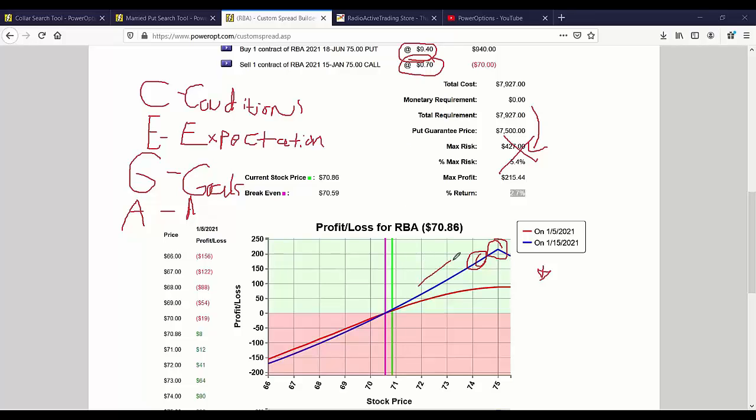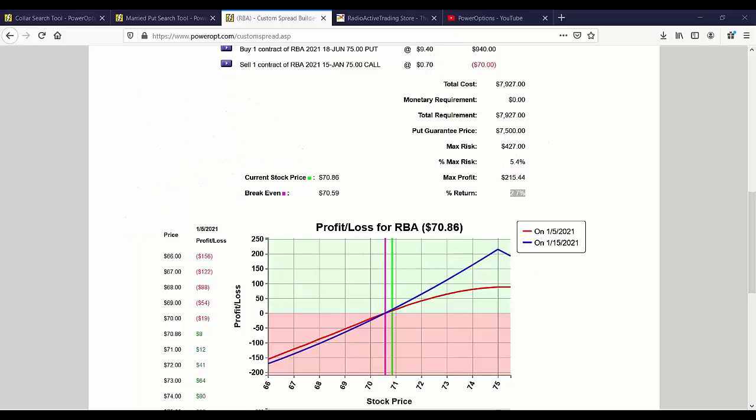But if my expectations are correct, I could probably get a better premium later on that more fits the guidelines of the blueprint discussed in that chapter for income method number 1. So for me, this is do nothing. Yes, you can argue that it's 70, 75 cents I didn't have.